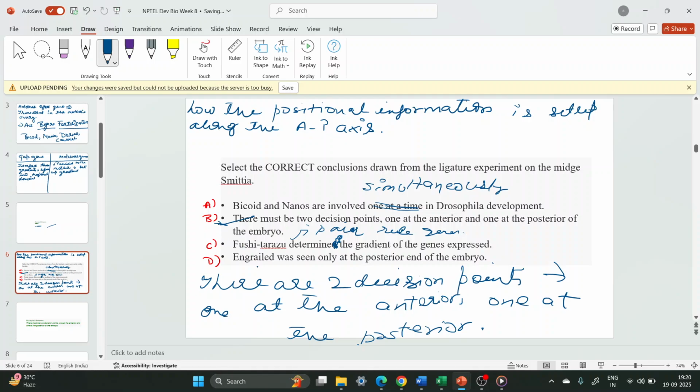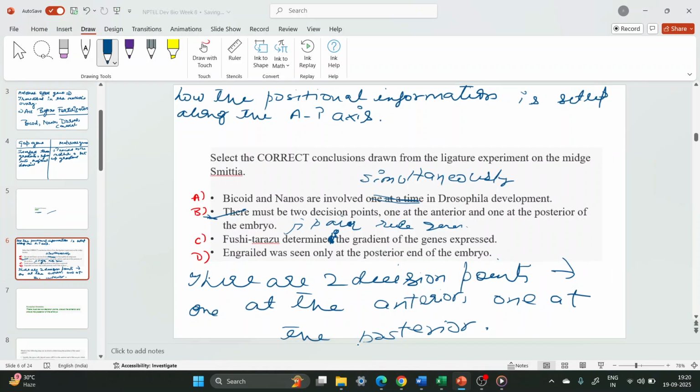Next is, engrailed was seen only at the posterior end of the embryo. Is it true? No, it is wrong, because engrailed is a segment polarity gene. It is expressed in stripes along the anterior-posterior axis, that means in the anterior of each parasegment, not just posterior.